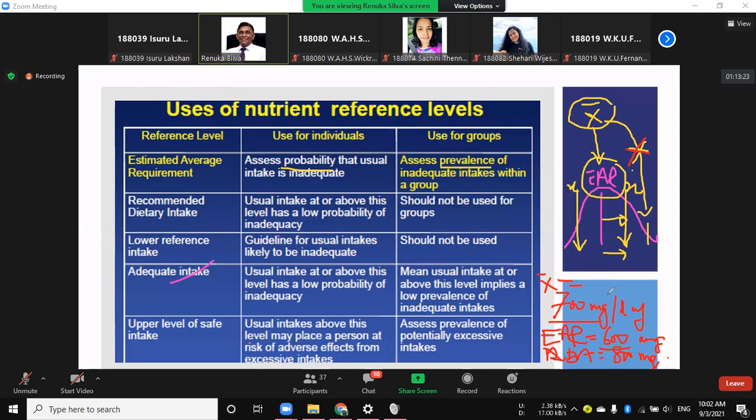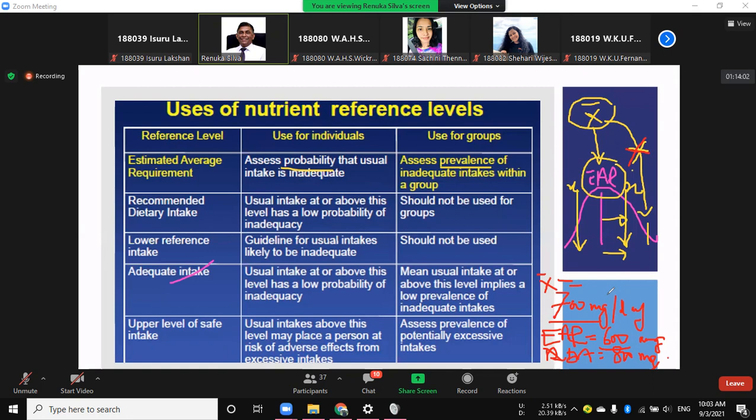I can later on calculate what is the proportion of people in this group that has a risk of nutrient inadequacy. The proportion of individuals in this group with inadequacy can be calculated. What should I know? EAR I should know. I should know the individual intakes, and then I can calculate the mean intake. Right.